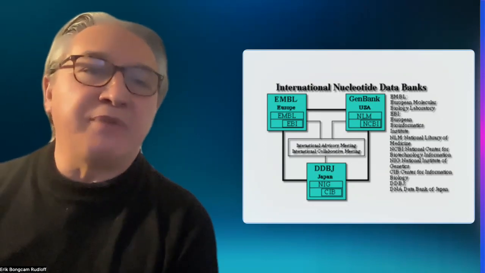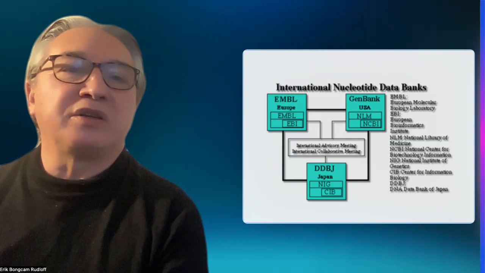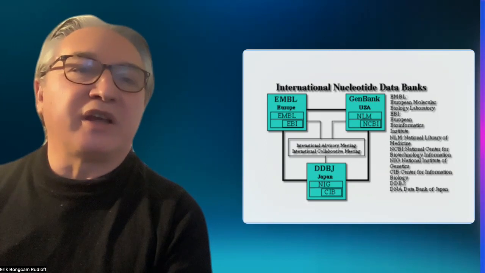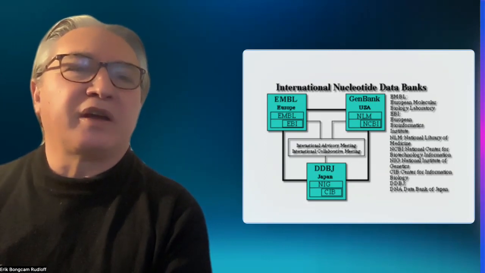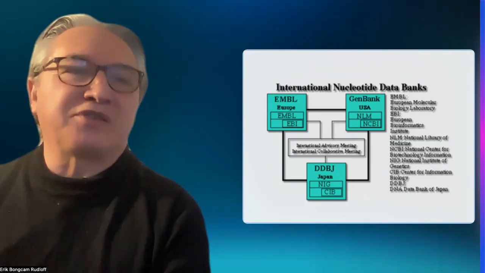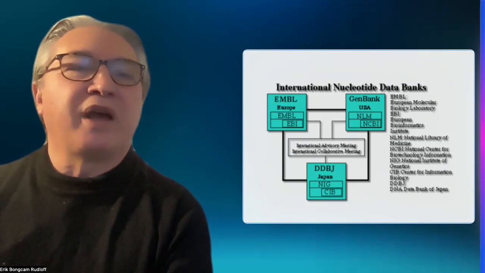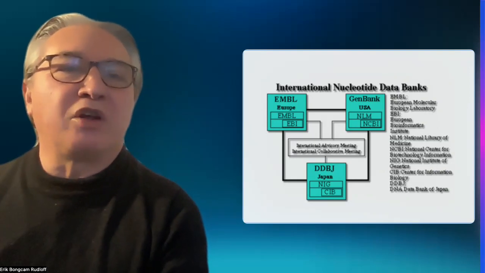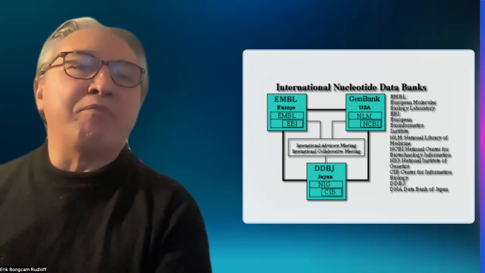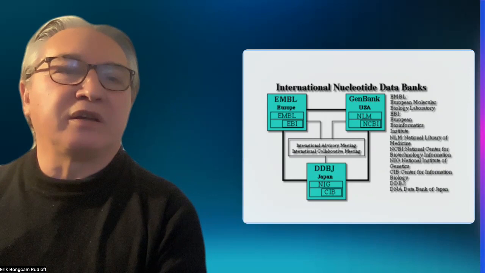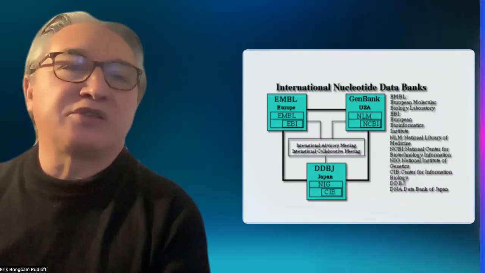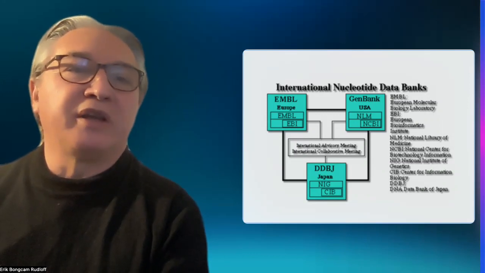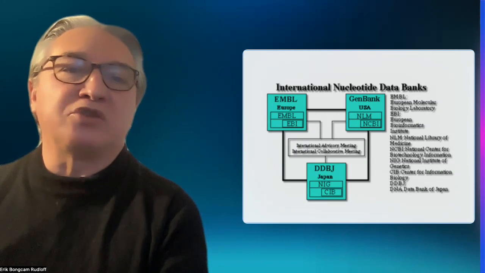EMBL is the name of the biggest molecular biology laboratory in Europe that was created very, very early, and most of the high-profile professors in molecular biology in Europe have been there once or twice in courses to improve their knowledge in molecular biology. So it has been the major hub for educating researchers in molecular biology. And that is the reason it's called European Molecular Biology Laboratory, and it is located in Heidelberg in Germany.